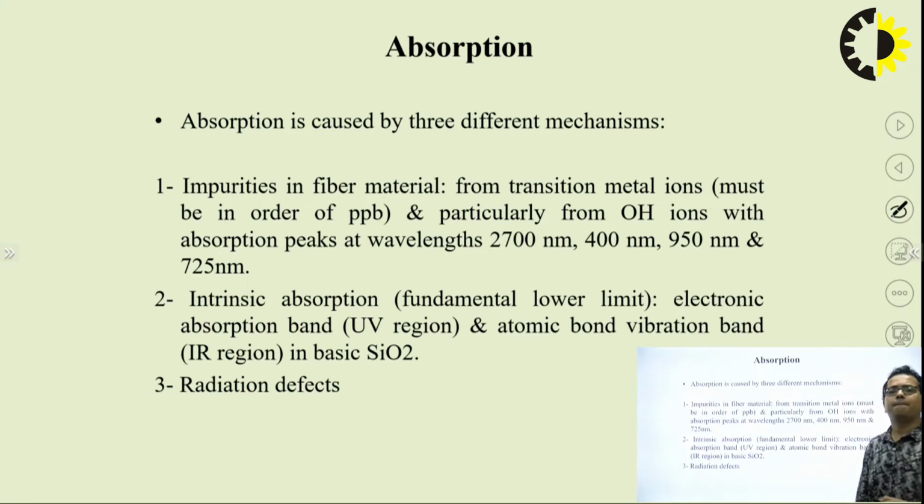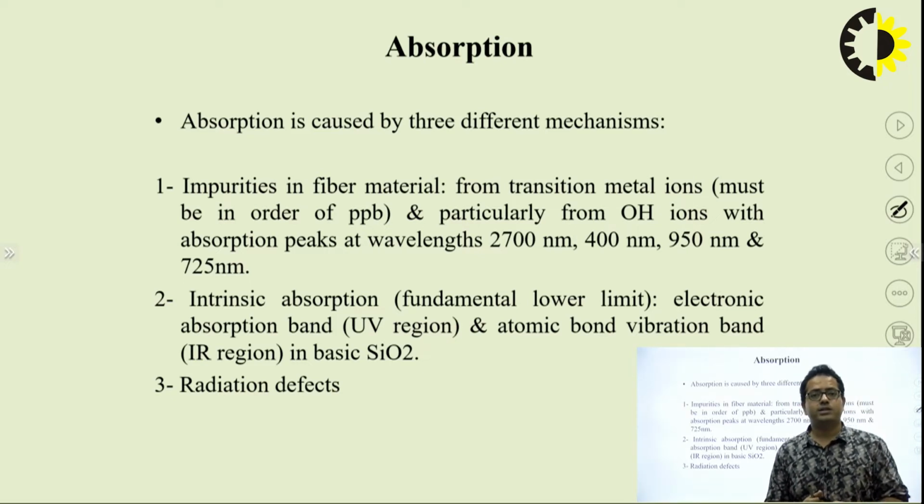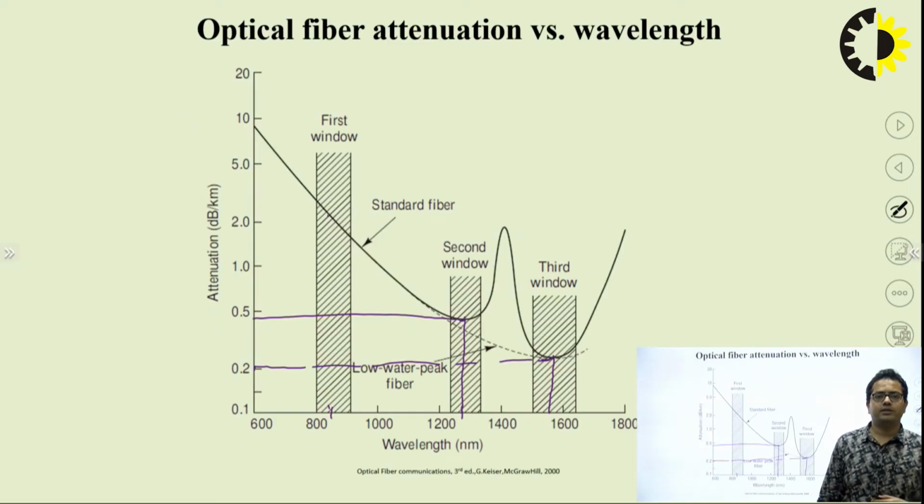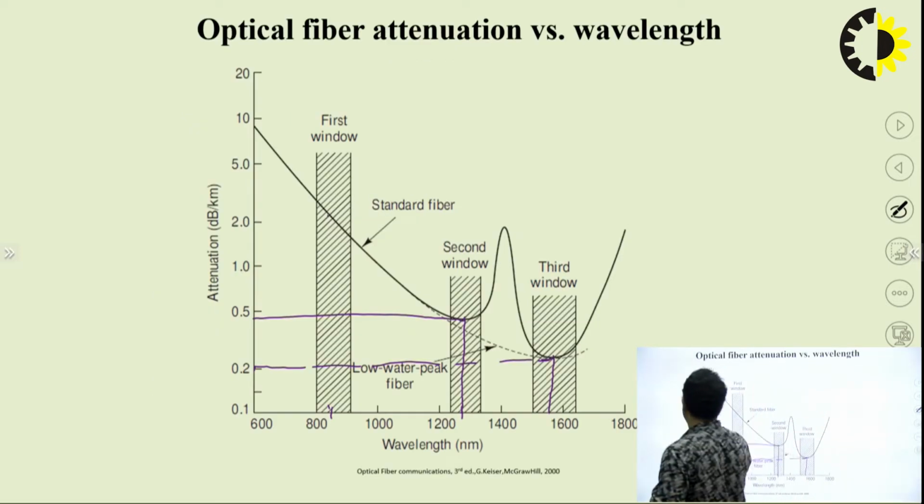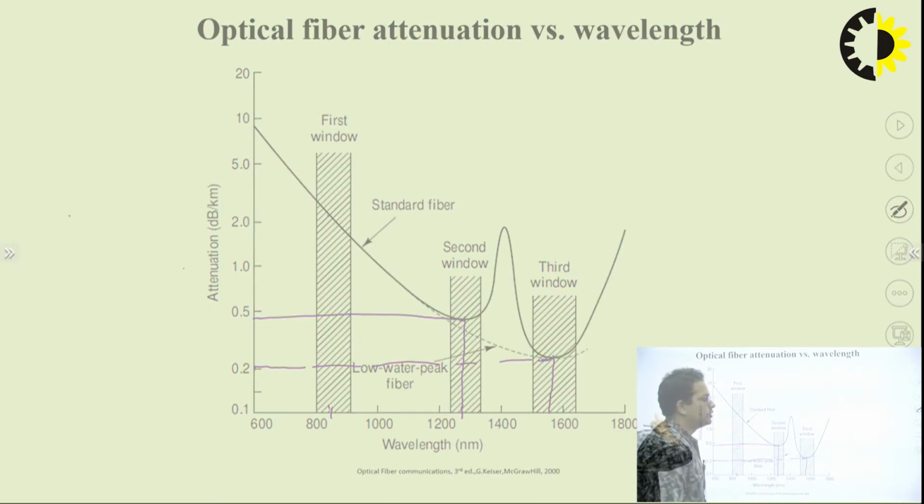Now we are going to discuss what are the mechanisms that are responsible for attenuation in your optical fiber. We got the information what is attenuation, and the formula with the help of which we can calculate the attenuation that is occurring inside the optical fiber.